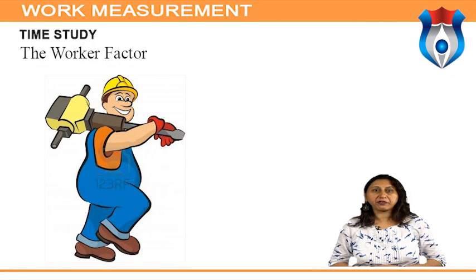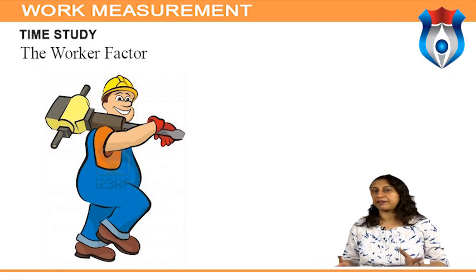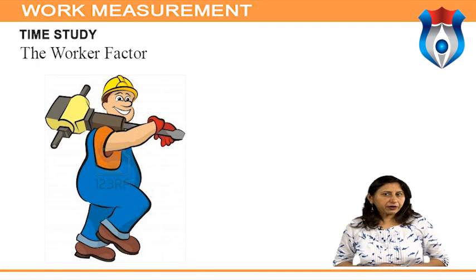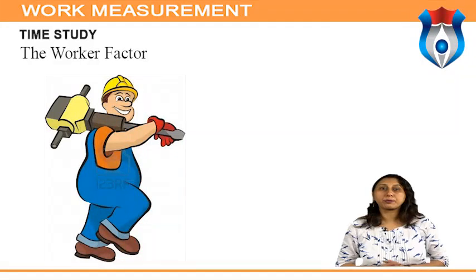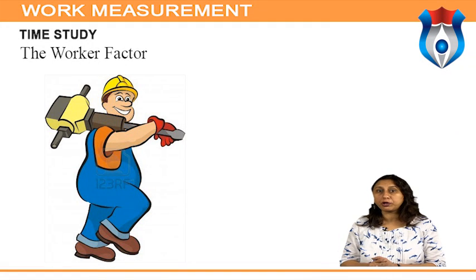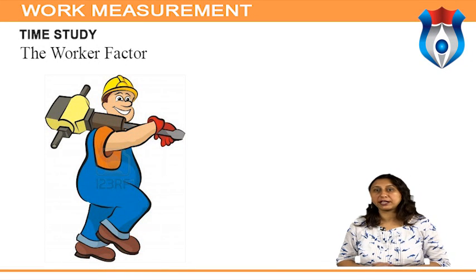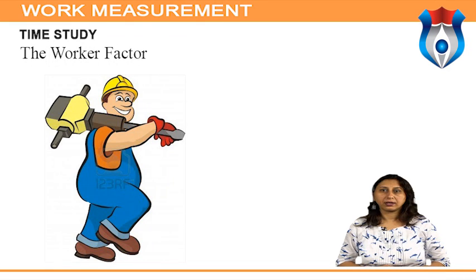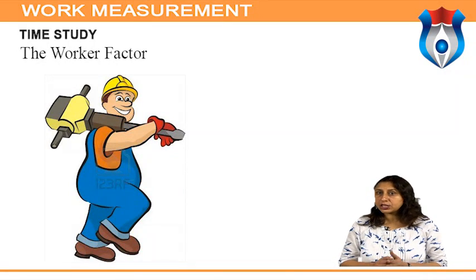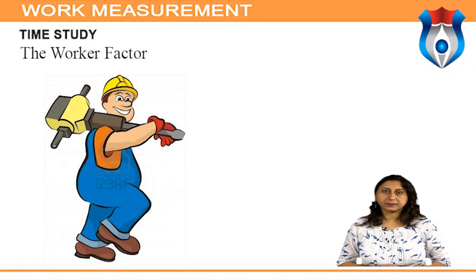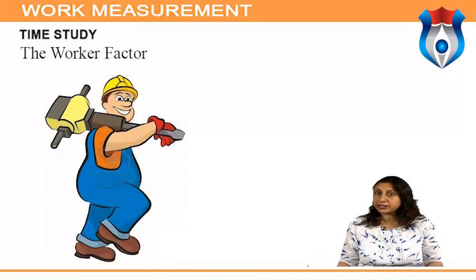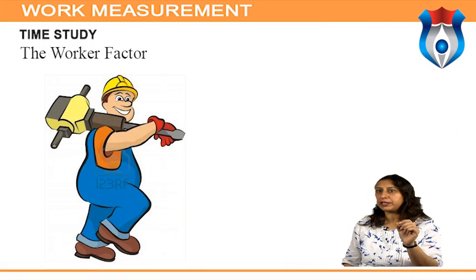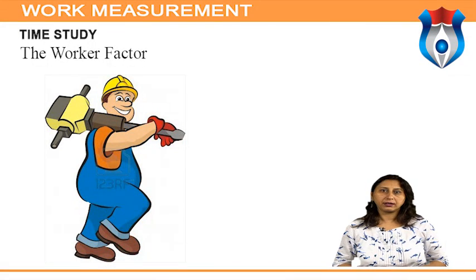The worker factor. Employees present one of the biggest challenges with direct time study. One of the most important steps before performing a time study is obtaining the consent of the foreman and/or workers involved in this operation. This is important since the purpose of a time study is not fairly obvious at first. The entire objective of the time study could be misunderstood unless it is carefully explained to everyone.